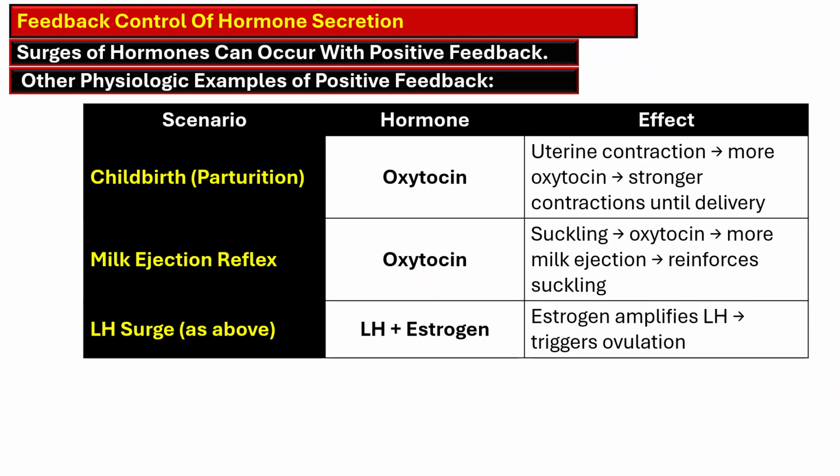Other physiologic examples of positive feedback are childbirth. During parturition, there is release of oxytocin that is responsible for the contraction of the uterine muscle, and this causes more release of oxytocin, and that more release of oxytocin causes stronger contraction until delivery.